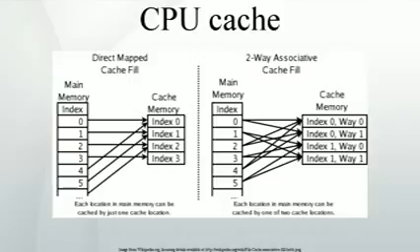Example. The original Pentium 4 processor had a 4-way set associative L1 data cache of 8 kilobytes in size, with 64-byte cache blocks. Hence, there are 8 kilobytes/64 equals 128 cache blocks.